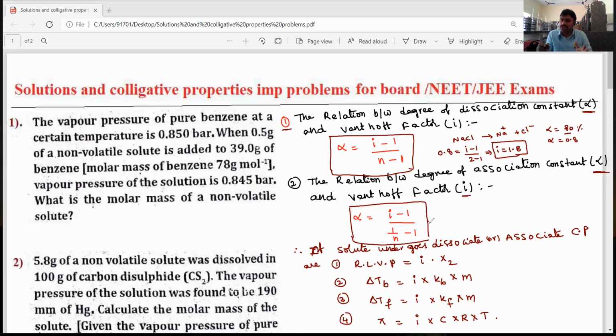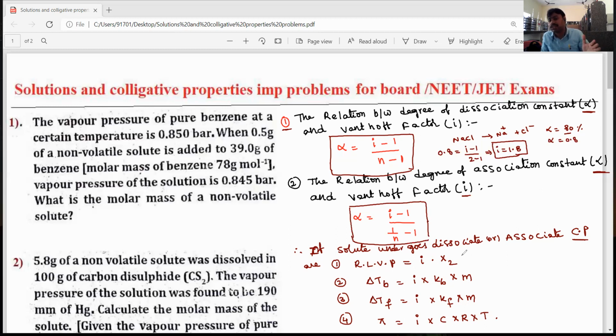Okay, students, if the solute undergoes association or dissociation, then abnormal colligative properties are observed. The abnormal colligative property formulas are as follows. All the colligative properties we must multiply with the i value. If the solute does not undergo association or dissociation, then i is equal to 1, giving normal colligative properties, and those formulas we have already derived.